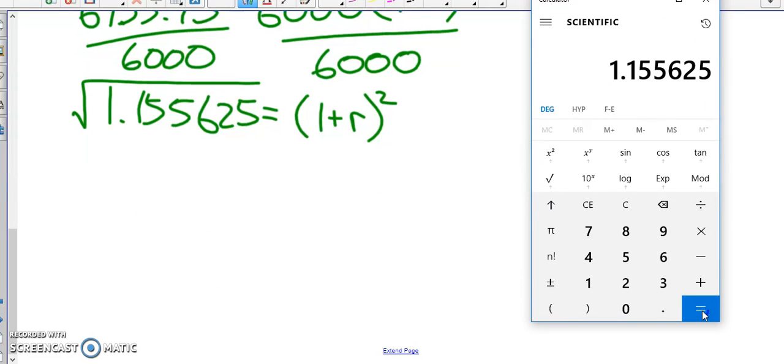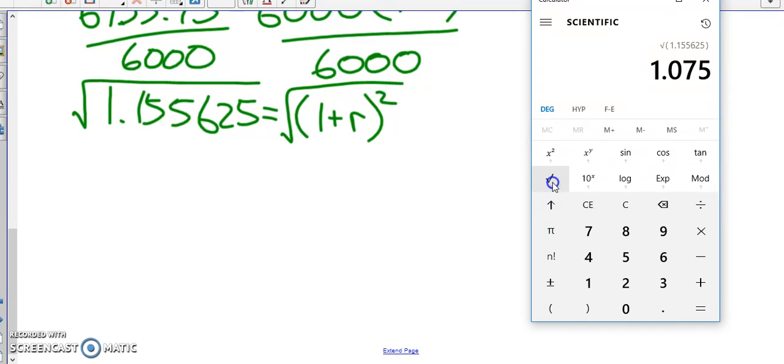We take the square root of both sides. This is 1.075 equals 1 plus R. Now notice I didn't take a plus or minus here because it wouldn't make sense for this to be negative, since we are gaining money here, we're not losing it.